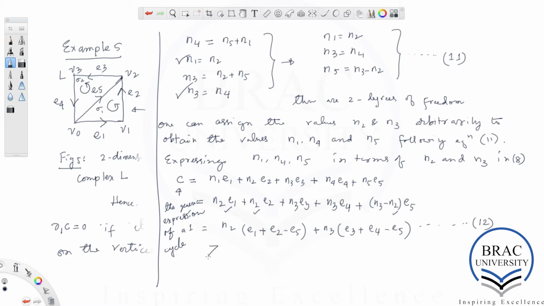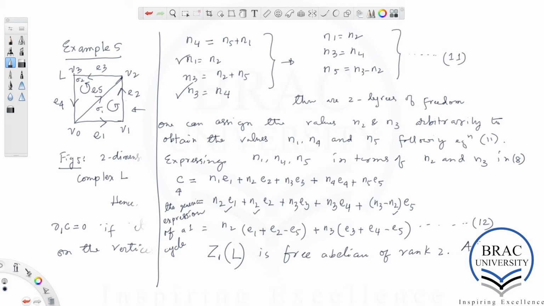So this group Z1 of L, which is the group of one cycles, is free abelian of rank 2 generated by these two sets of elementary one chains. Z1 of L is free abelian of rank 2.